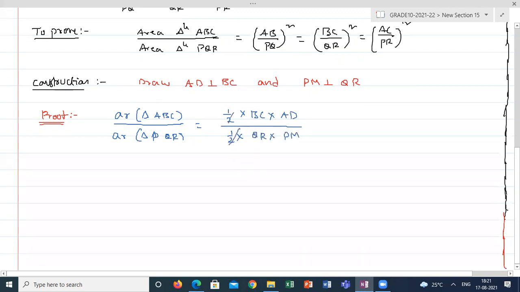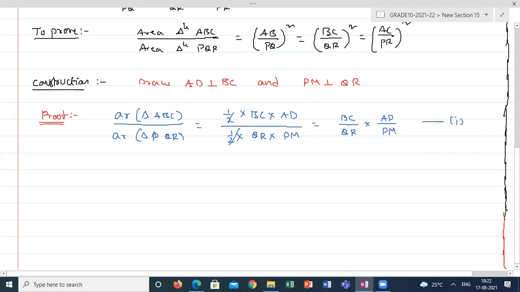So half cancels. I am getting BC by QR into AD by PM. This is one of the important results: if I replace AD by PM equal to BC by QR, then my job is done.